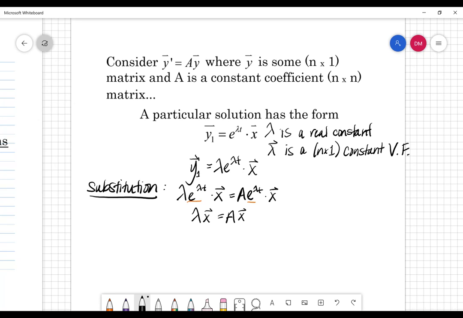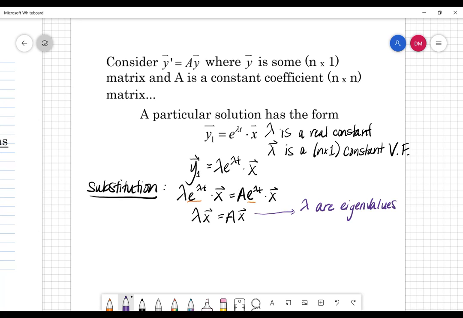So x, since it contains part of our solutions, this is kind of where the eigenvalue problem comes in. Just off to the side here: lambda is a real constant, if we refer back to that. But lambda in this problem is what we refer to as eigenvalues. So each of those lambda are eigenvalues. Remember those special numbers.